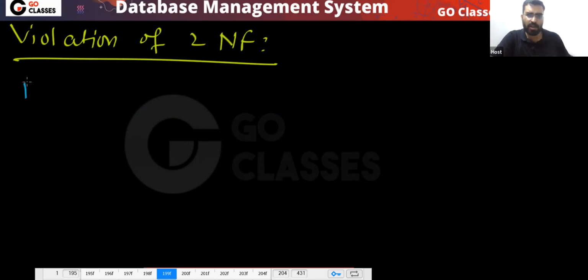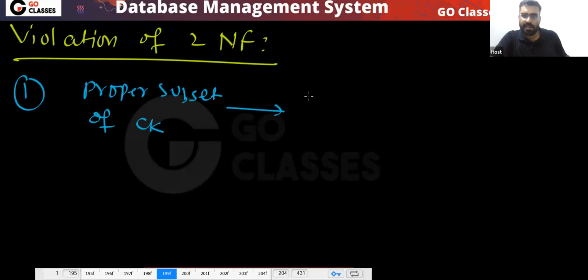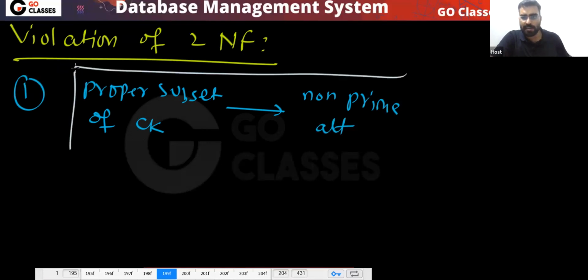Whenever a proper subset of a candidate key determines a non-prime attribute, this is a violation of 2NF. But what is the mistake many students make?